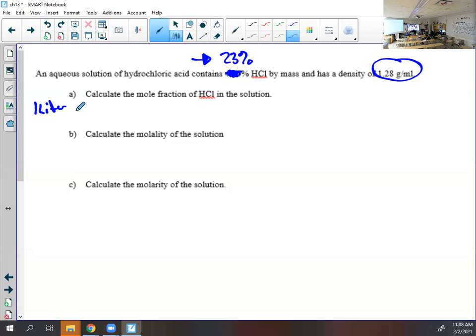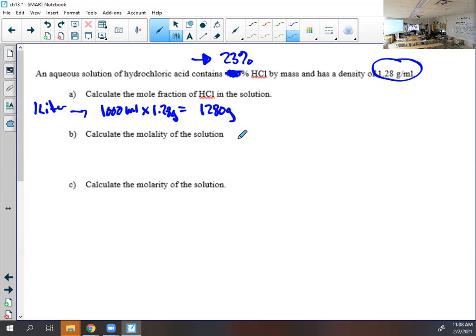So I take 1 liter, which is really 1,000 milliliters, and multiply it by the density of 1.28 grams per milliliter, and I get 1280 grams.